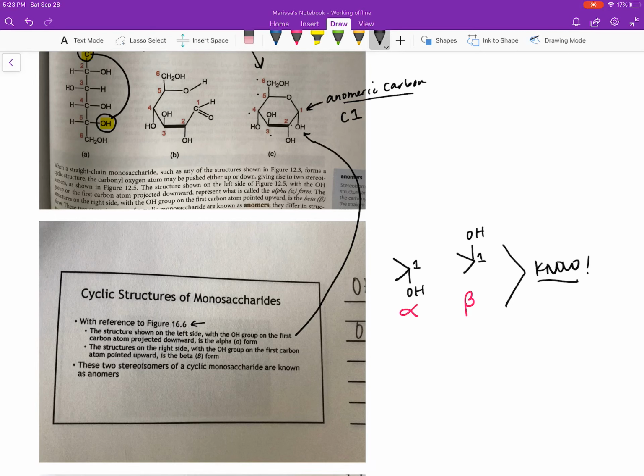You need to remember this convention, because you're going to have questions on Sapling that ask you to pick the alpha or the beta, and you'll probably see a multiple choice question on your test about what dictates alpha and beta forms. These are two stereoisomers, meaning they're the same as far as structurally connected, carbon 1 to carbon 2 to carbon 3 and so on, but they're different in space.